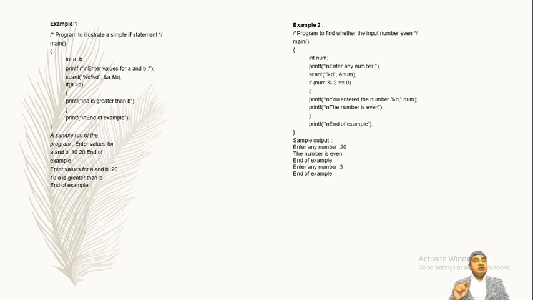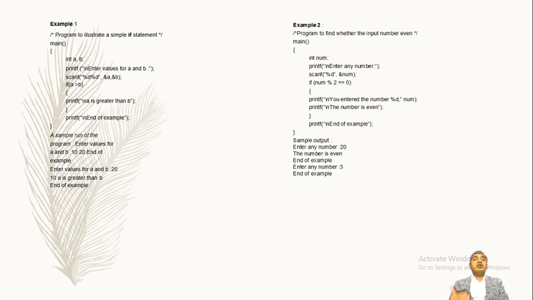Printf, in brackets, in double inverted commas, backslash n, enter values for A and B. This printf statement is terminated with a semicolon. This indicates that the message enter values for A and B is displayed on the screen. So this is the output function.